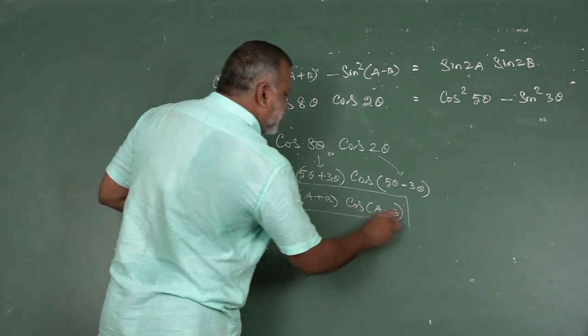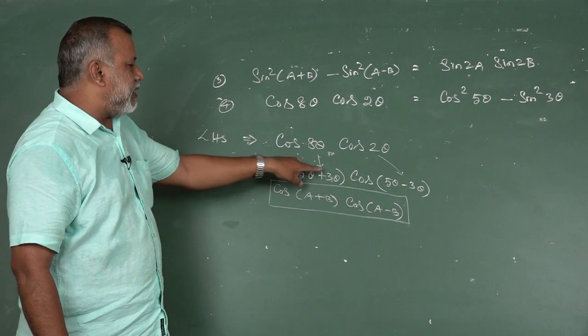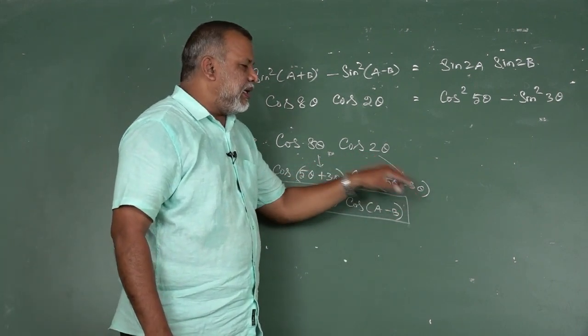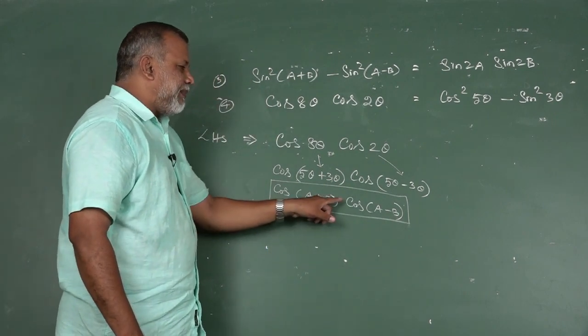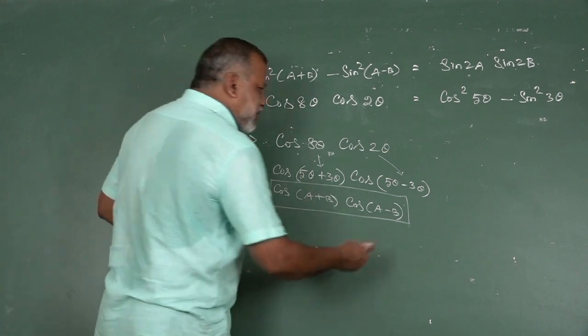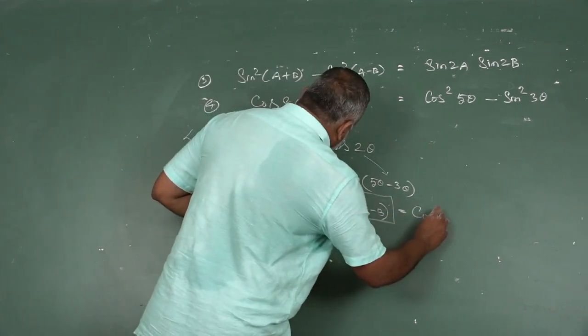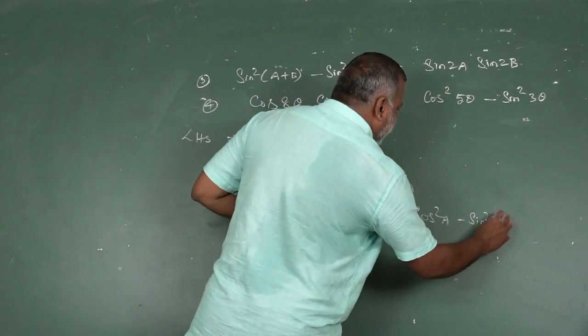So I am taking this one as convenient. This 8 theta can be put in the form of 5 theta plus 3 theta. Then cos 2 theta can be put in the form of 5 theta minus 3 theta. Now it is in the form of cos of a plus b into cos of a minus b. Just refer to your second proof. This is equal to cos squared a minus sin squared b.